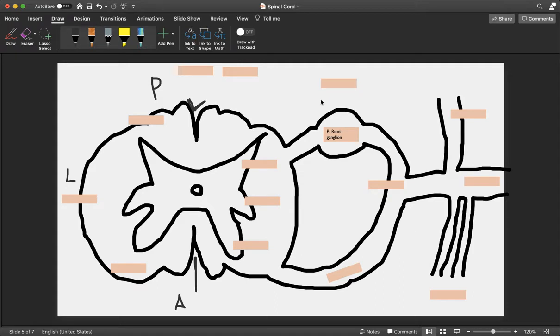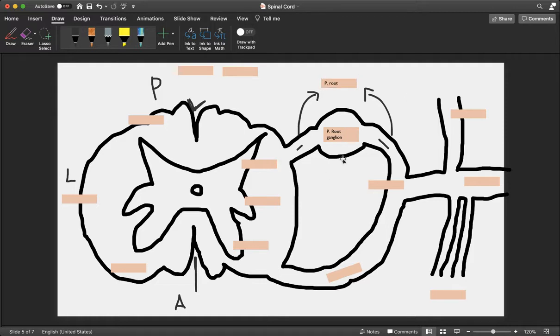All right, so we've got the posterior root ganglion labeled. Now, what is on the sides of it? There's space here and there's space here. That is actually the same marking. The posterior root ganglion is just kind of in the middle of it, all right? So this is called just the posterior root, all right? Very simple.